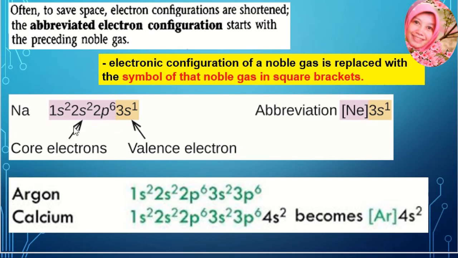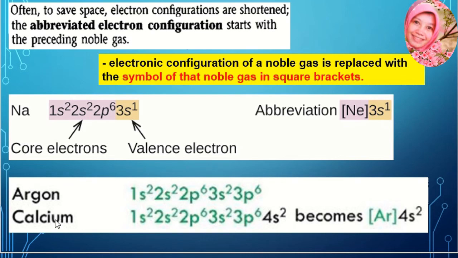The core electrons here refer to the electrons in the inner shells or inner orbitals. The 1s2, 2s2, 2p6 electronic configuration is equal to the electronic configuration of neon atom, which is located in period 2, compared to sodium atom, which is located in period 3. Thus, the abbreviation is written as [Ne] 3s1.